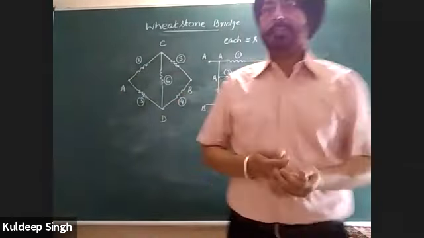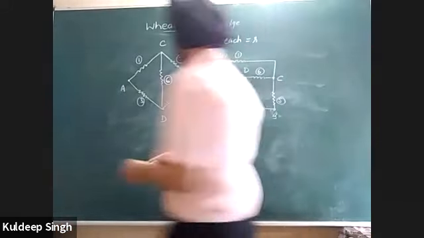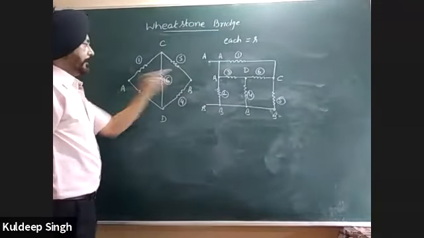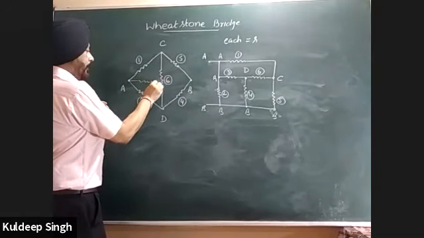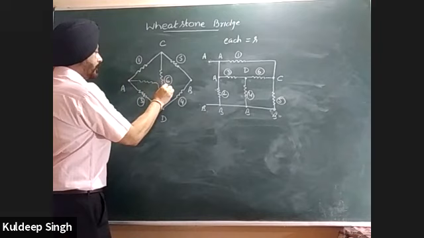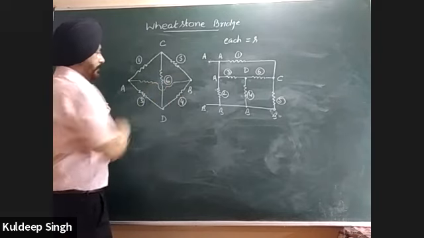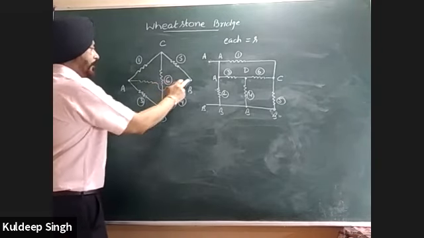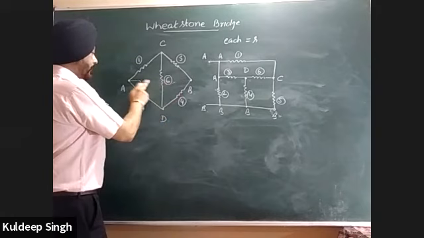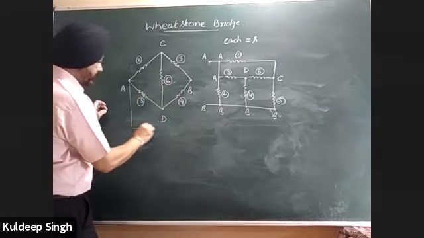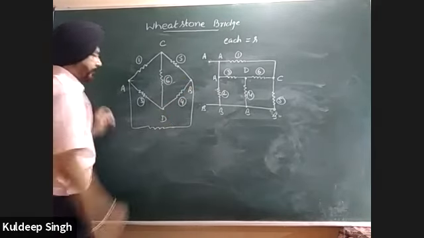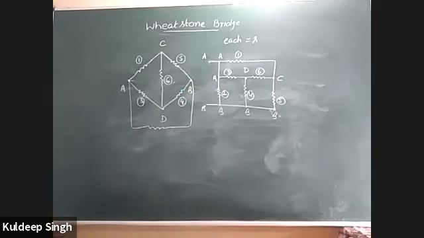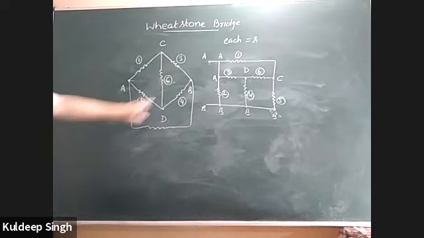Where to connect the second? It is connected to A and B. Either I connect it here, but here I have to jump this wire and then go to this point, or I can connect it like this to points A and B. So this is better and the circuit looks beautiful.